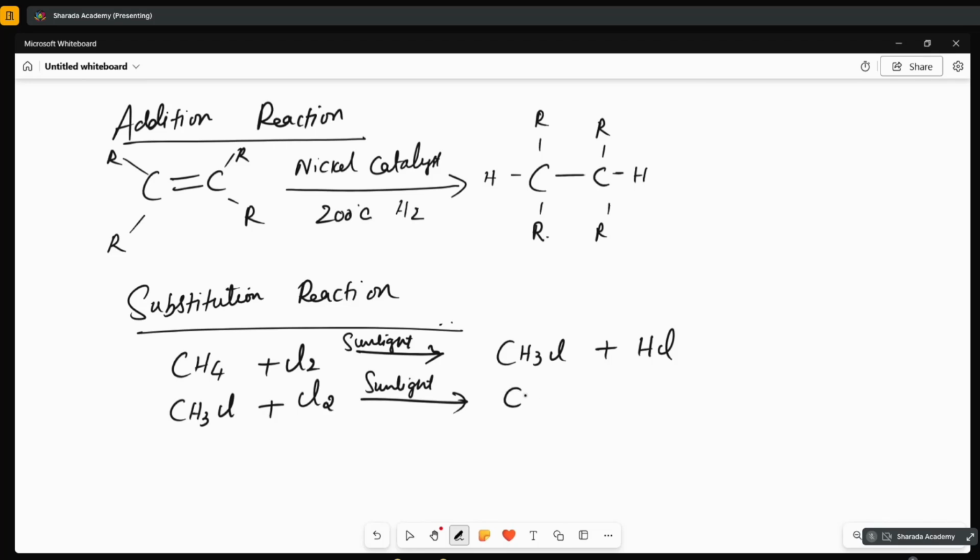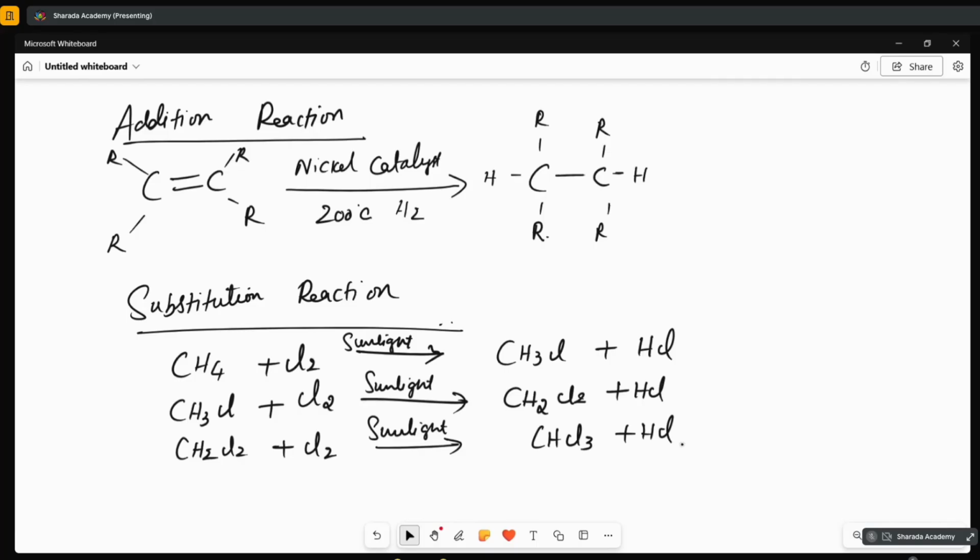You will get CHCl3. So every hydrogen atom can be replaced by chlorine atom. All the hydrogen atoms can be replaced by the chlorine atom.